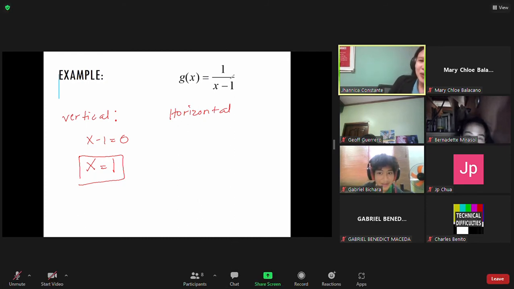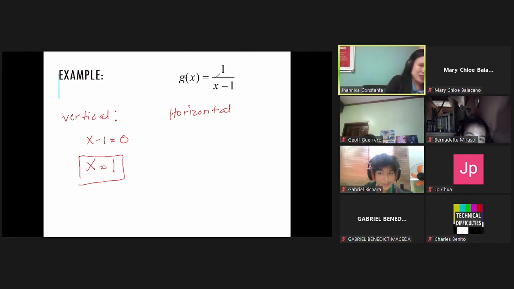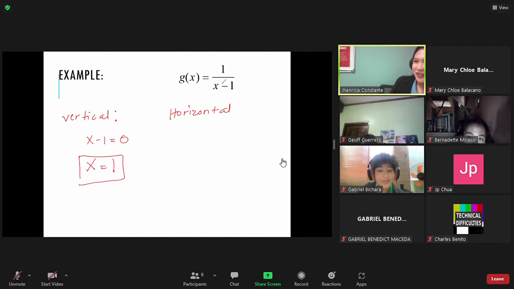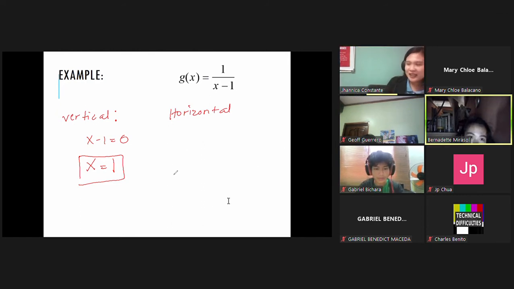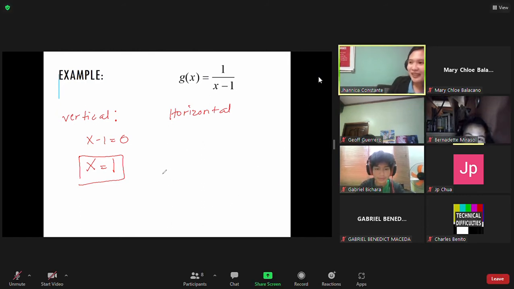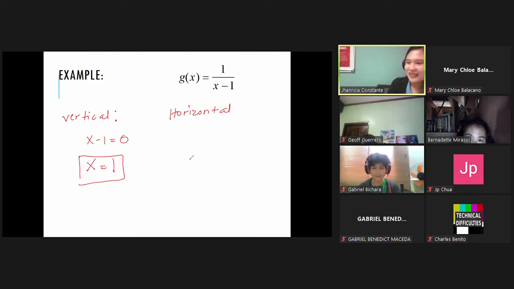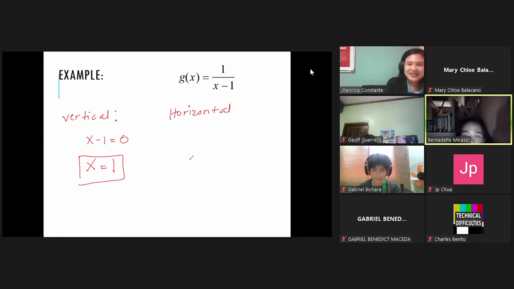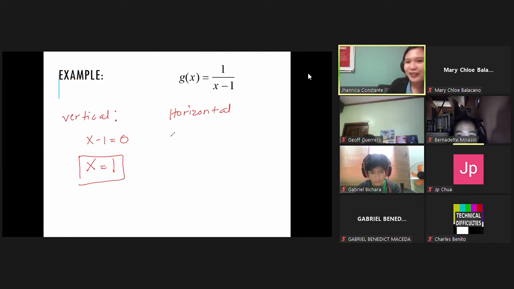Does our numerator have an exponent? A variable? No. So what will be our horizontal asymptote? 1 over x. So according to Bernadette, our horizontal asymptote is 1 over x.